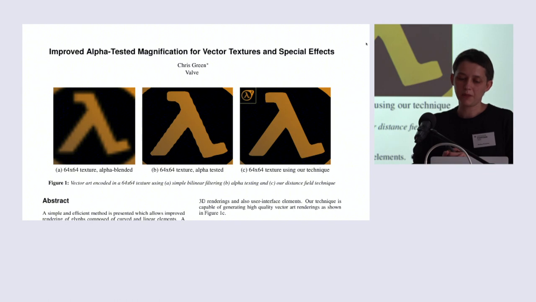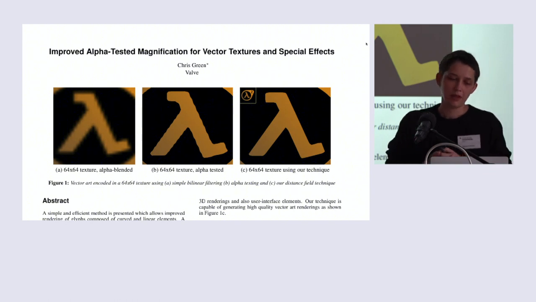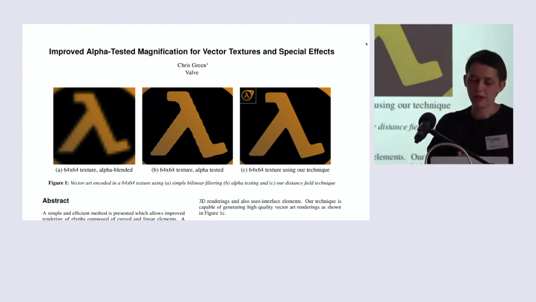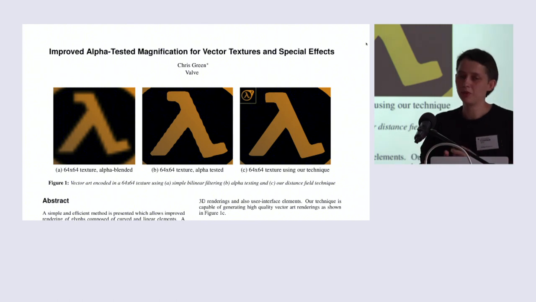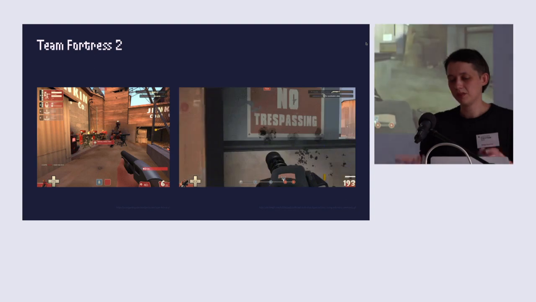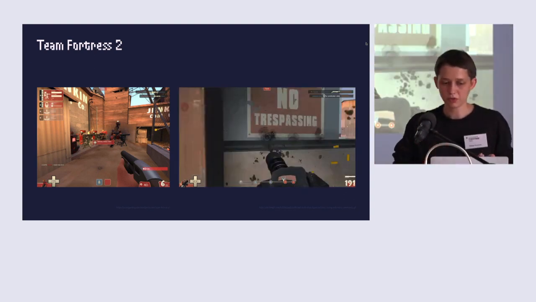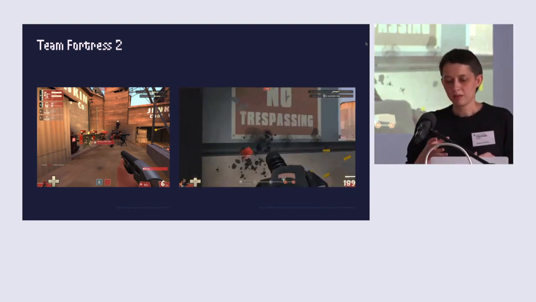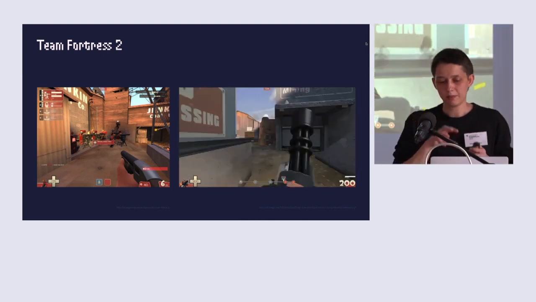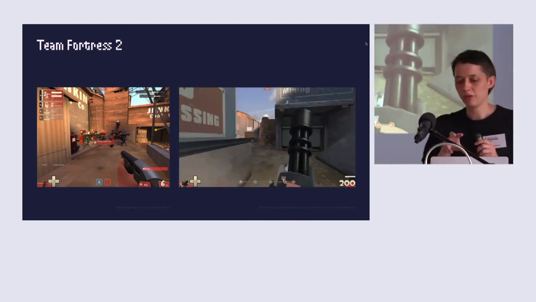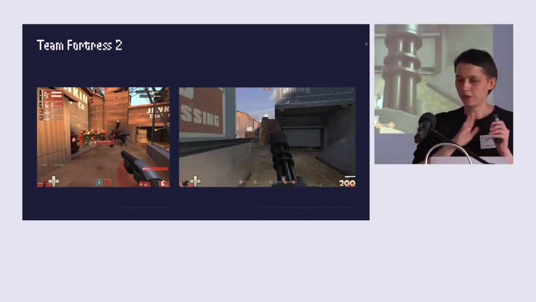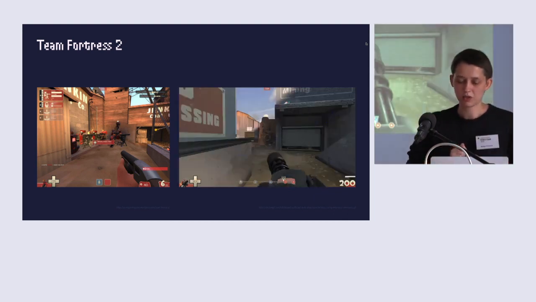It was written by Chris Green from Valve Corporation, who designed and developed Team Fortress 2, and they speak exactly about the problem of text rendering on textures.